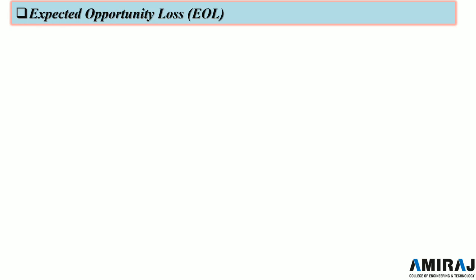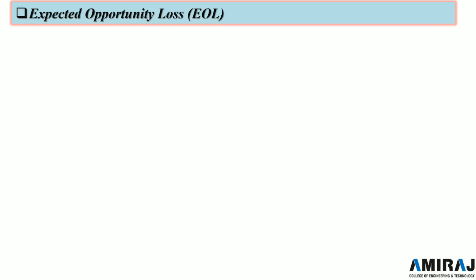Third, we calculate the EOL for each decision alternative by multiplying the conditional loss by the assigned probabilities and adding the resulting conditional values. And last, we select the alternative with the lowest EOL.